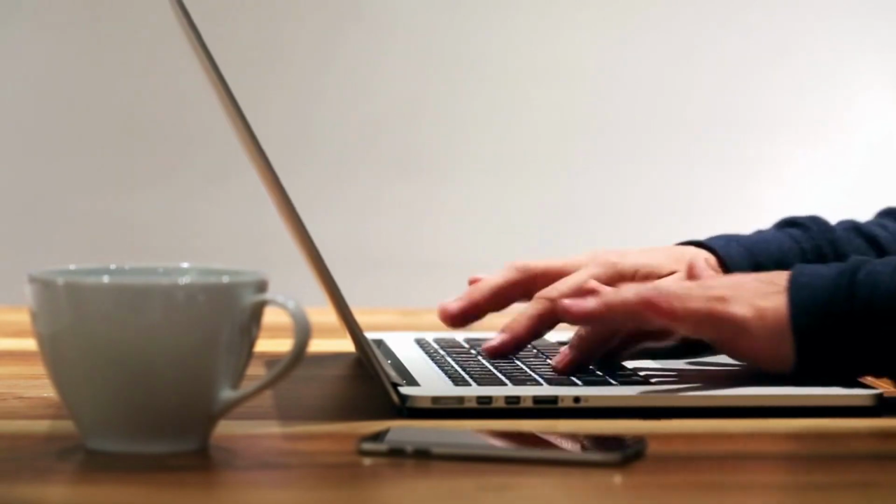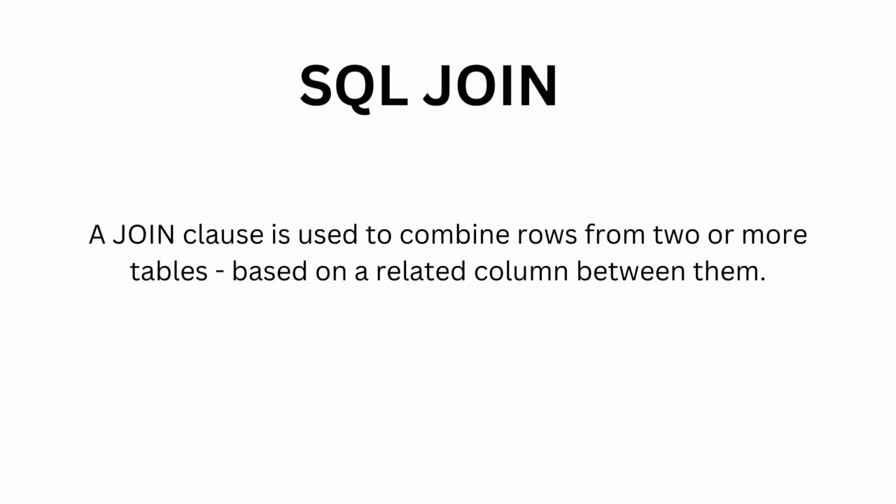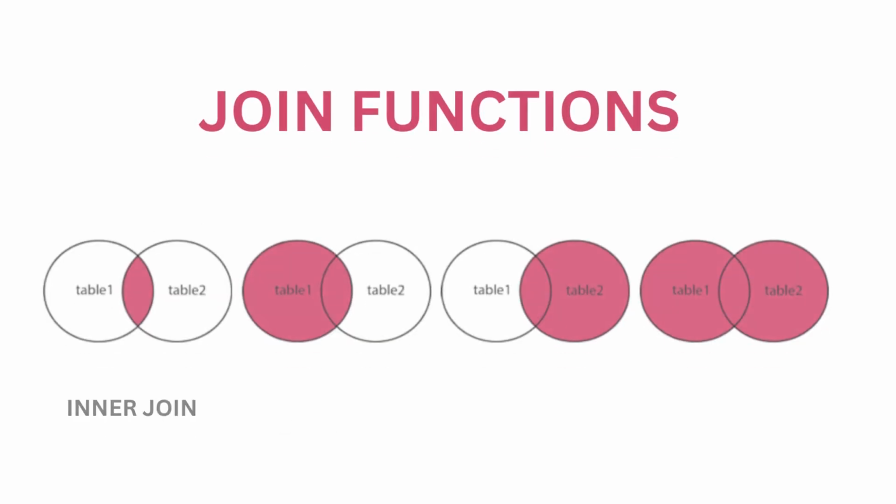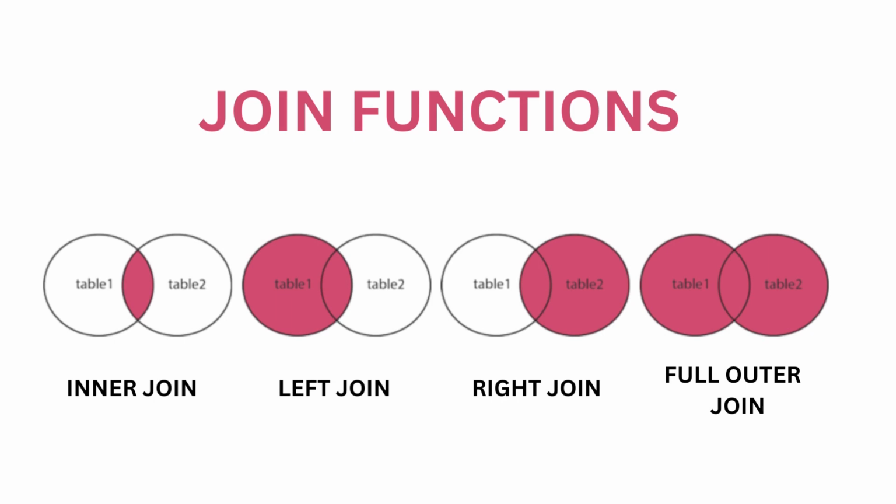Today we will talk about how to combine two or more tables using the SQL JOIN function. Let's get to it. The first one, inner join, returns all the rows that have matching values in both tables. The second one, left join, returns all the rows from the left table and the matched rows from the right table.